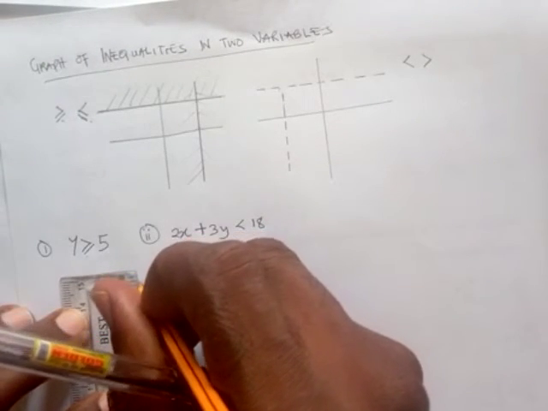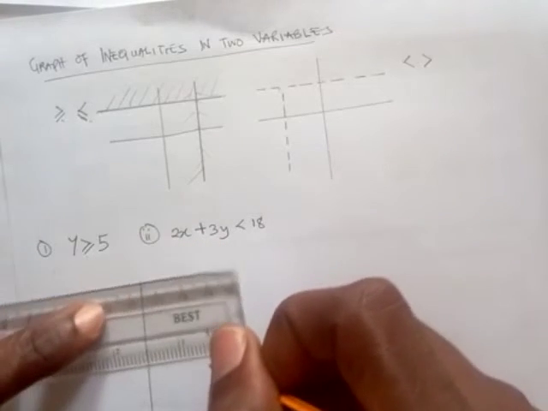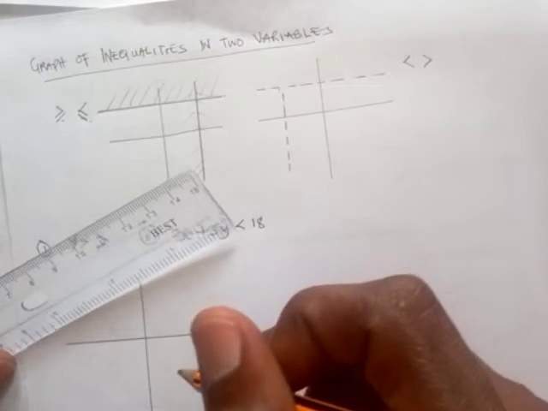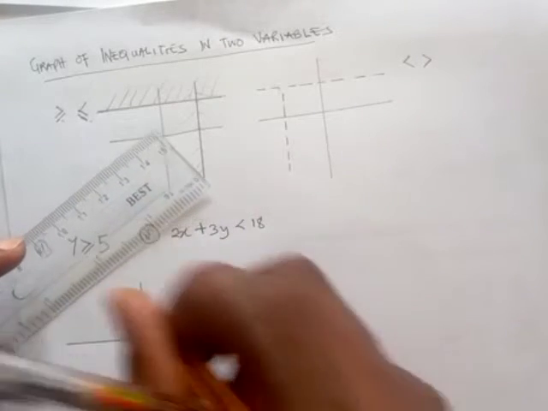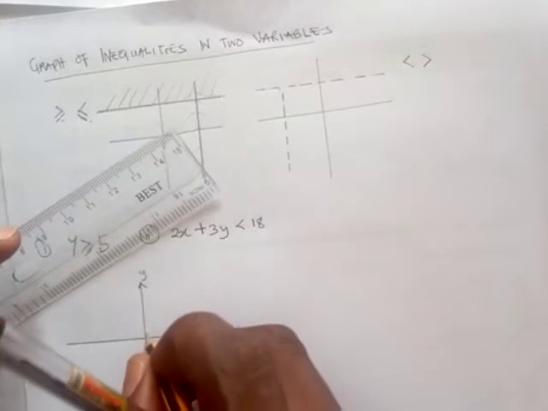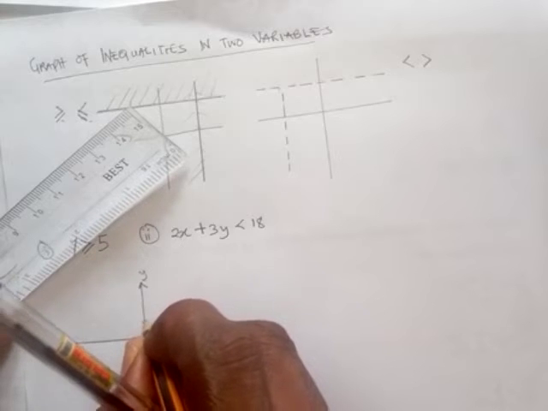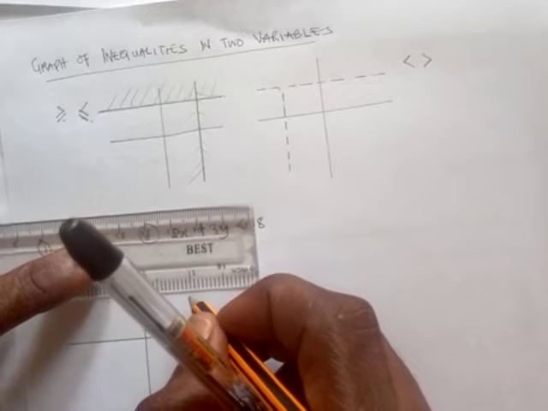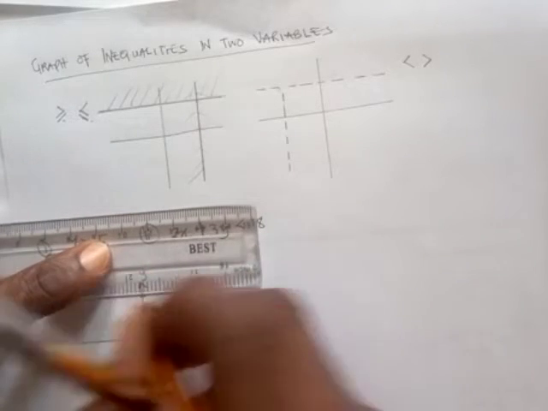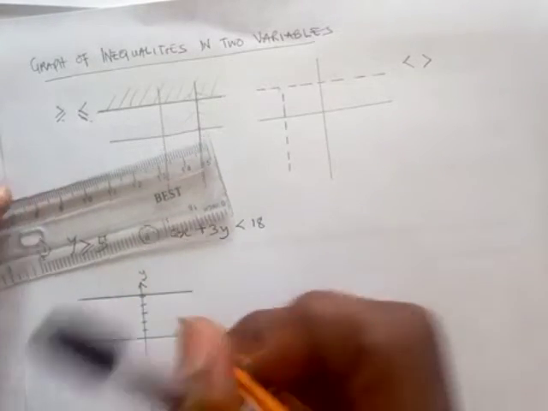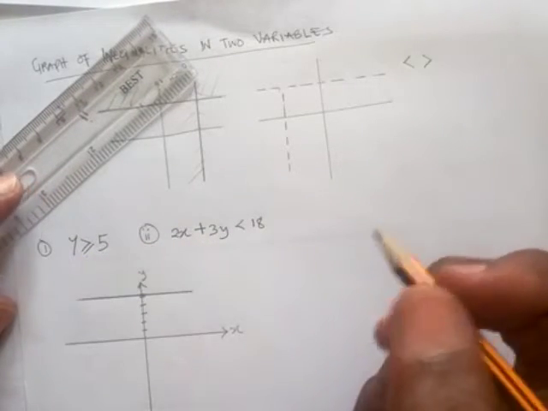What we'll just do is to plot our graph. So this is your x-axis and this is your y-axis. So let's call this 1, 2, 3, 4, 5. So since this is 5 and it's on our y-axis, we'll have a continuous line because this is greater than or equal to.